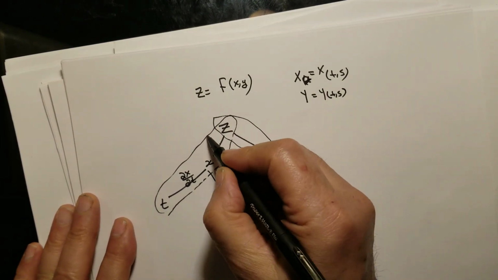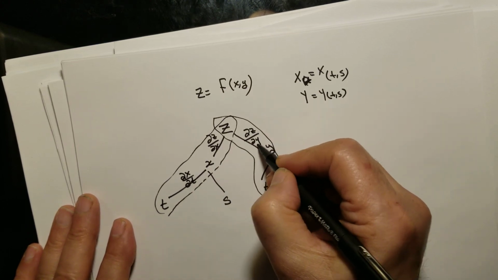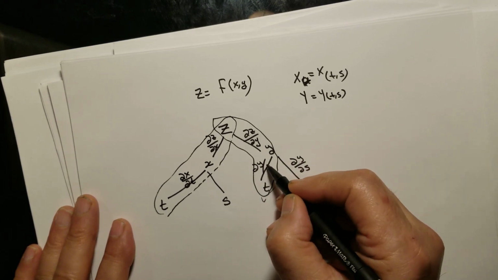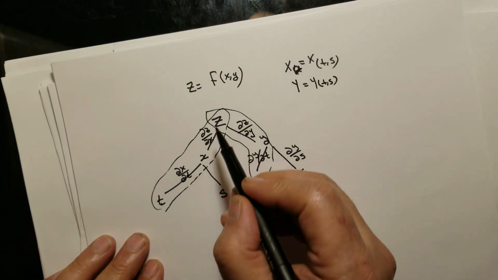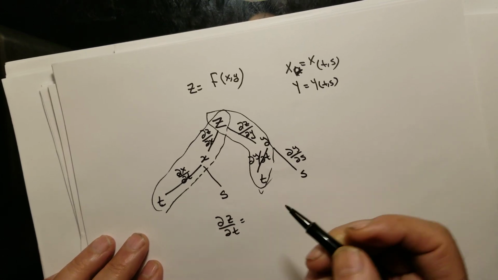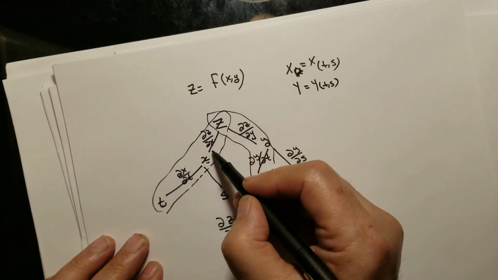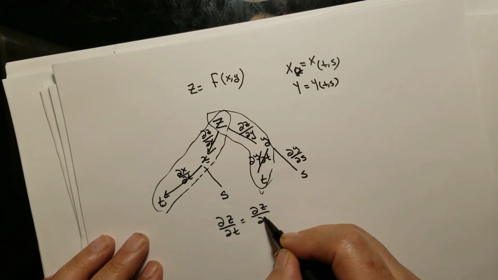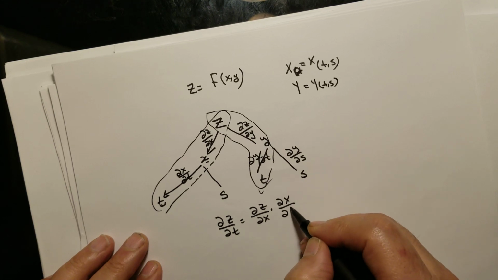In here you write the partial derivative of z with respect to x, the partial derivative of z with respect to y, the partial derivative of y with respect to s, and the partial derivative of y with respect to t. Therefore, if I want to go from t to z and find the partial derivative of z with respect to t, you have to take the derivative of the outside function with respect to x, times the derivative of the inside function with respect to t.